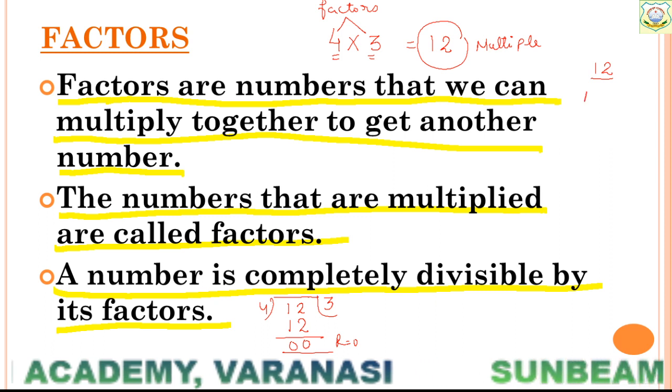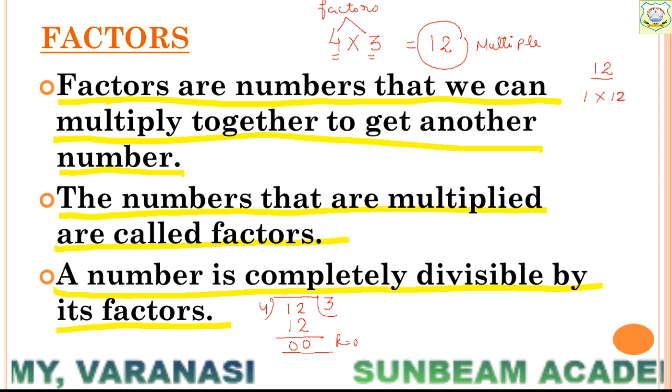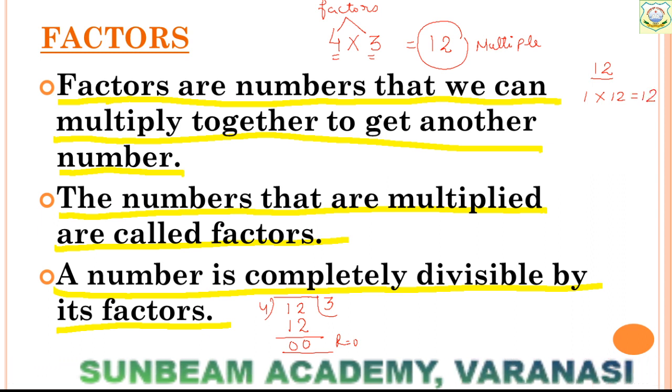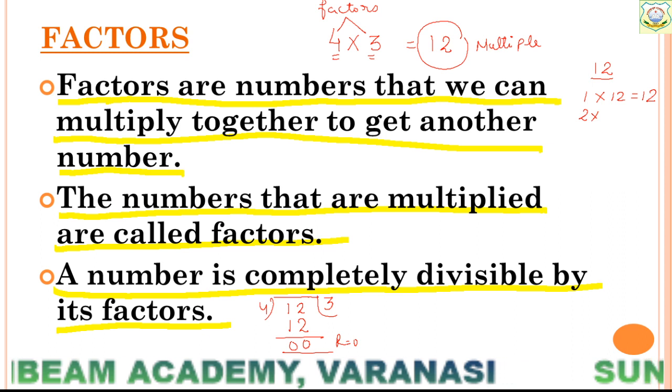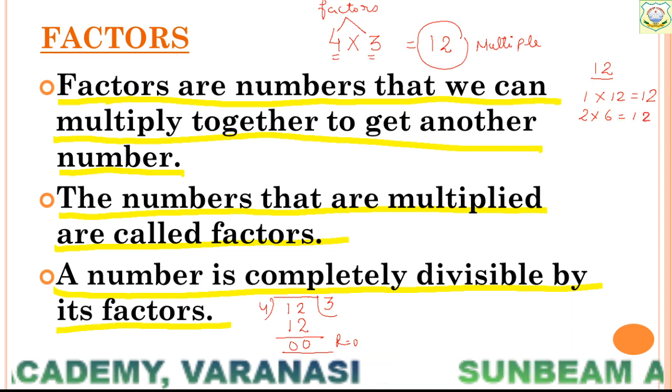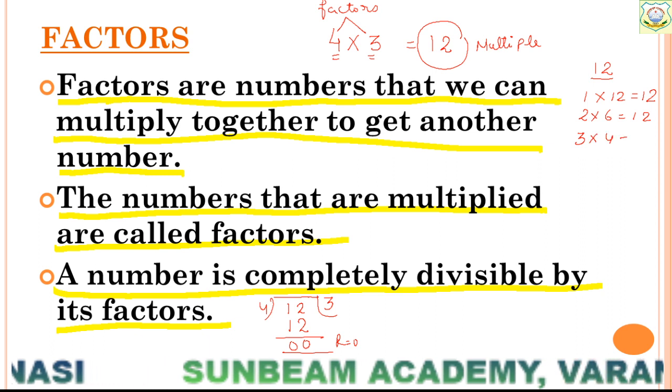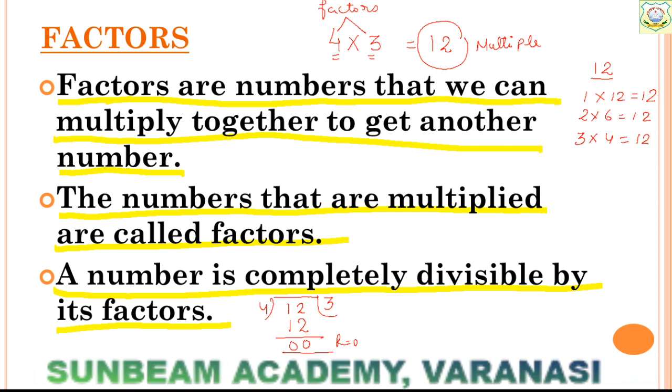So what are they? 1 multiplied by 12 is equal to 12. Then 2 multiplied by 6 is equal to 12. Right? Then 3 multiplied by 4 is equal to 12. Okay.